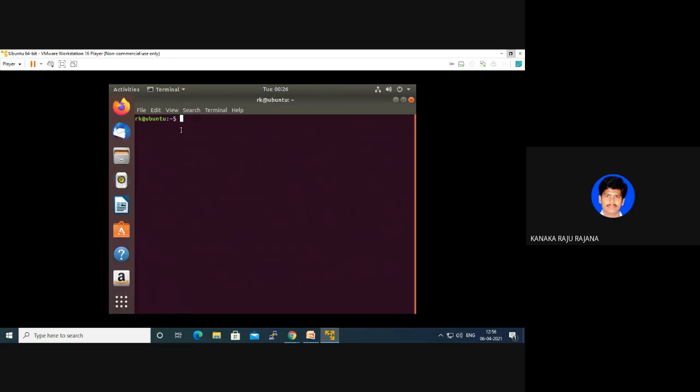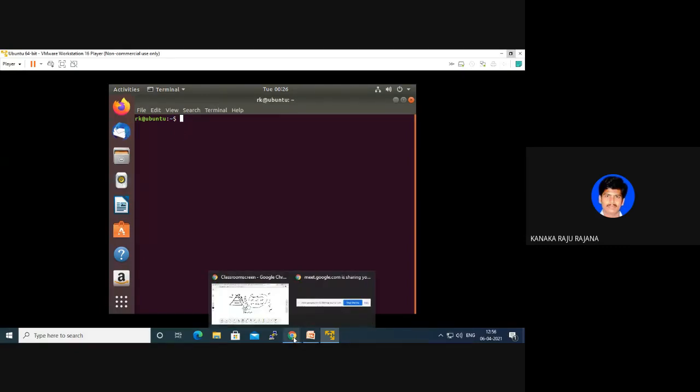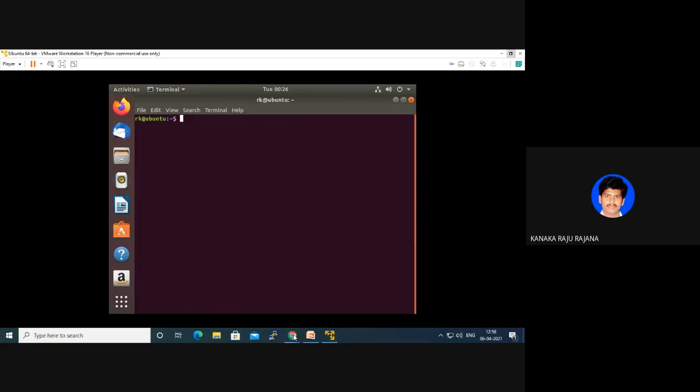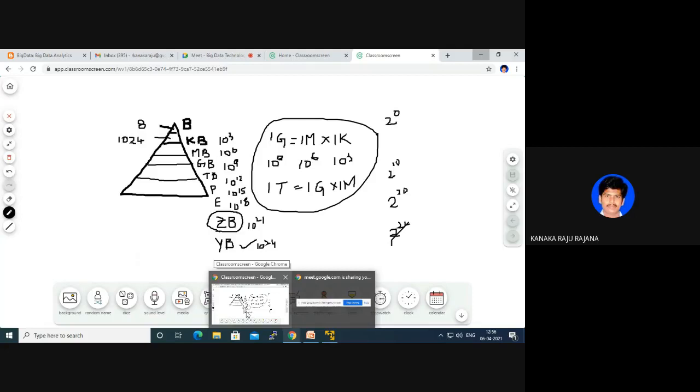Are you able to see the screen which I have shared? Yes, sir. Okay. So these are some of the basic things, and you can know what kind of Ubuntu OS you have loaded. You can know it directly with some number of commands. I'll share that knowledge in the next upcoming classes. Any more doubts?